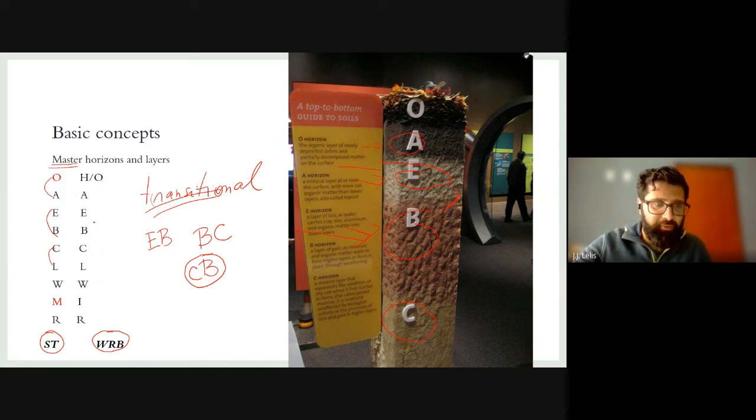We have several that are quite similar, like A, E, B, C, but we have some differences, okay? And we will discuss these differences right now.